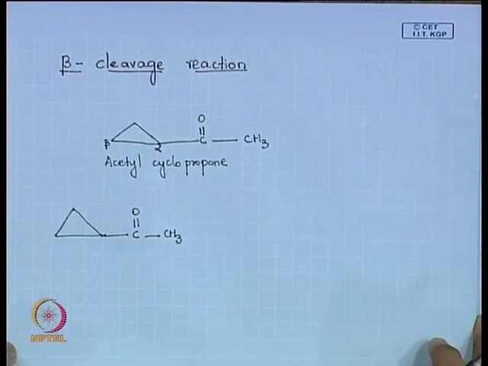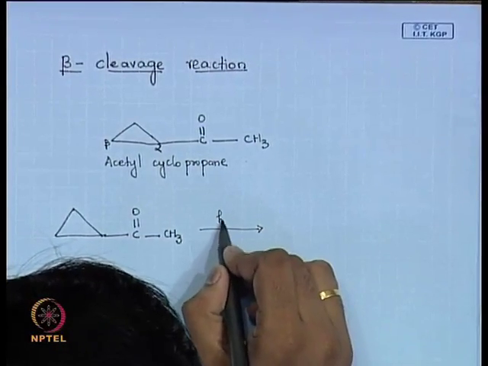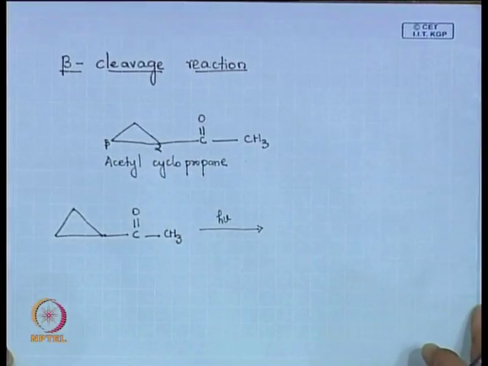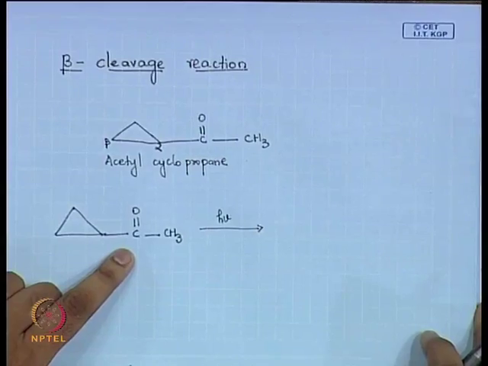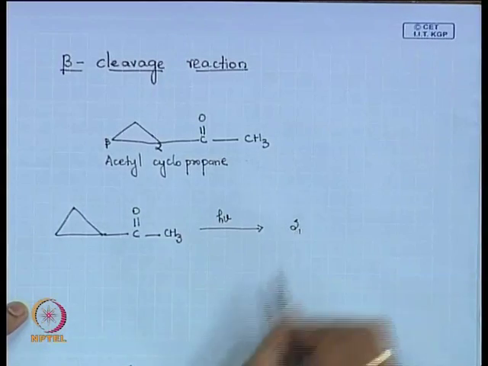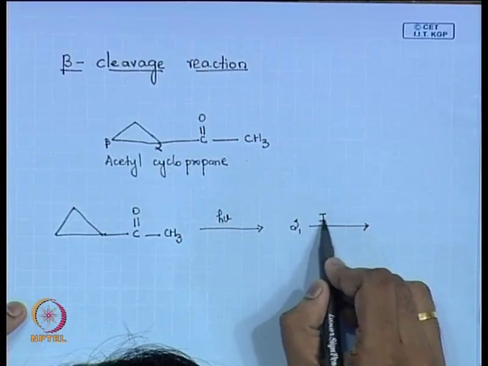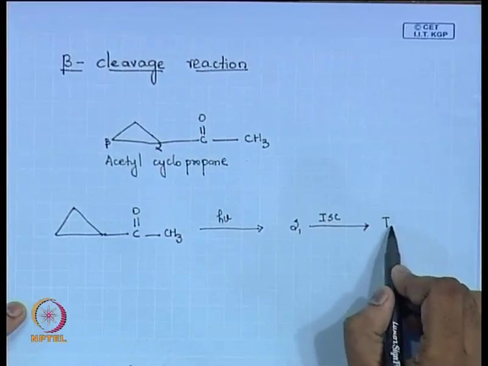I have taken my acetyl cyclopropane, and I am shining light, h nu. What happens? As you know, this carbonyl gets excited to its singlet S1, and there are cases where it can undergo intersystem crossing to triplet.